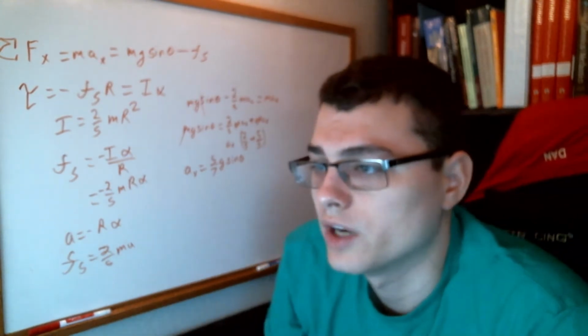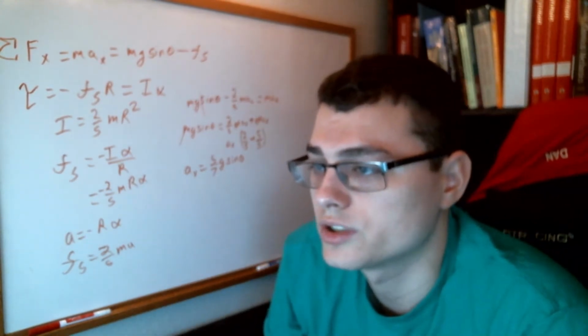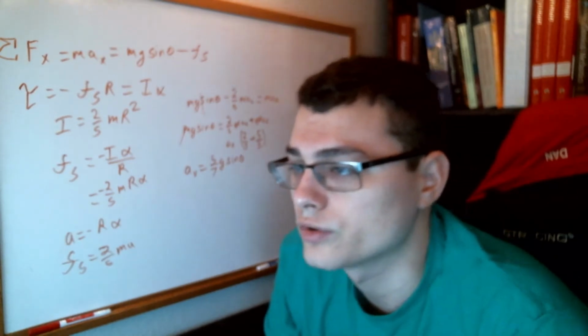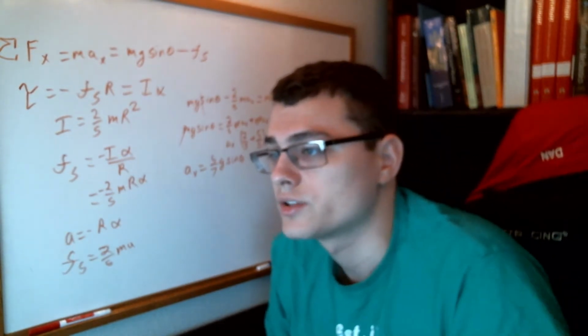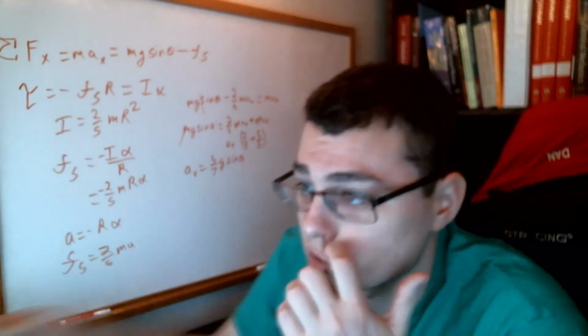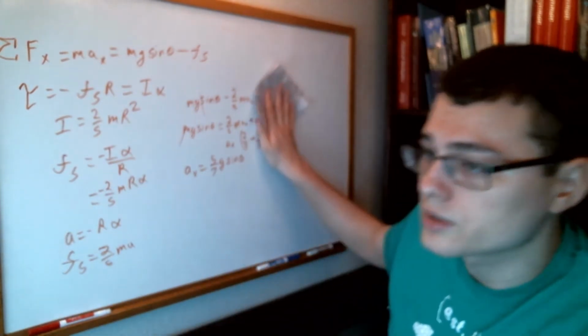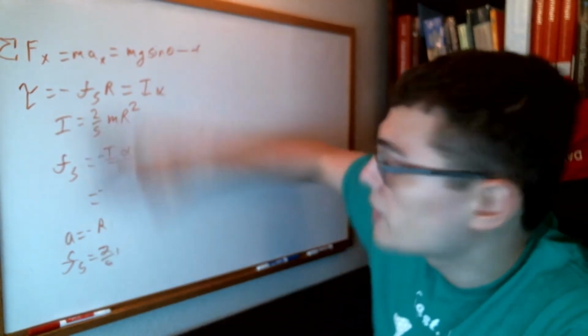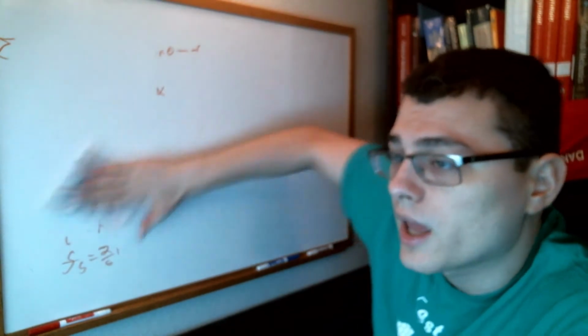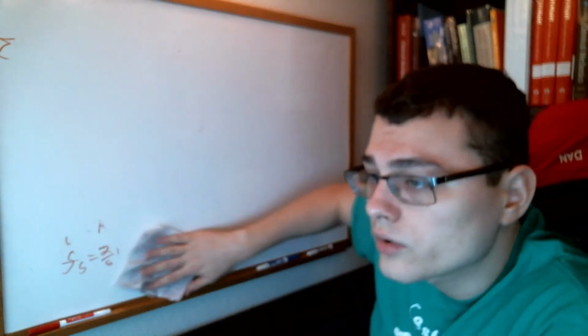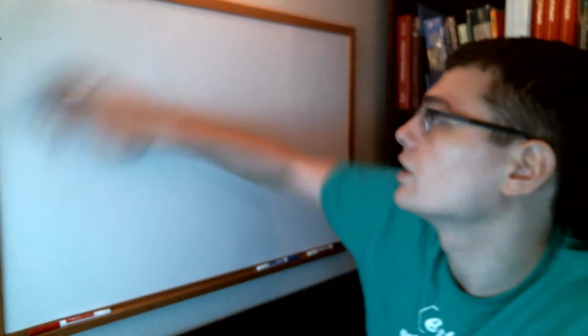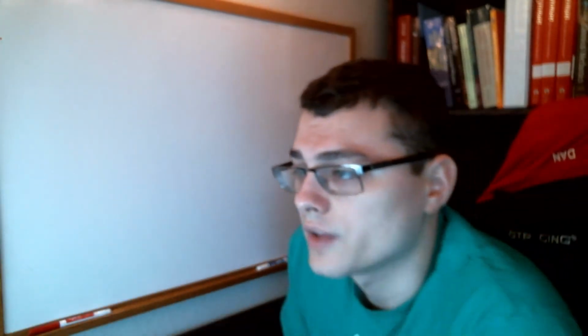Okay, next up, we have a yo-yo constructed by attaching 3 uniform solid discs along their central axes as shown. The 2 outer discs are identical with mass m, radius r, and moment of inertia 1/2 mr squared. The central smaller disk has a mass of m over 2 and radius of r over 2, so it's half mass, half radius.